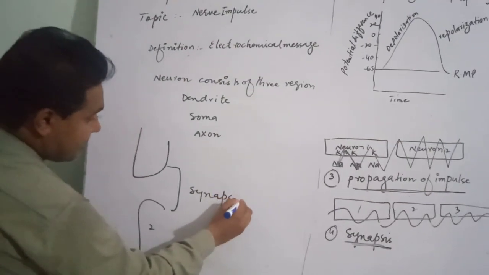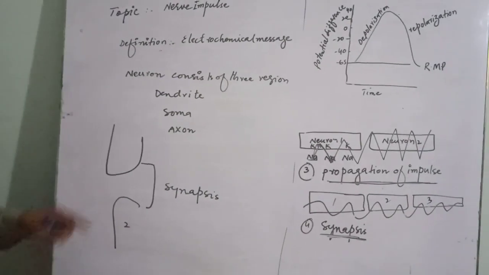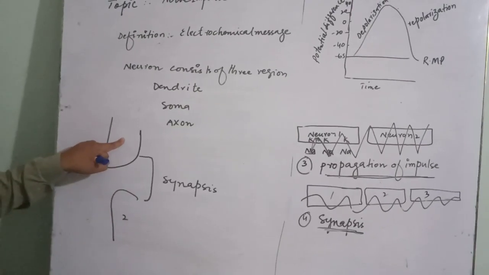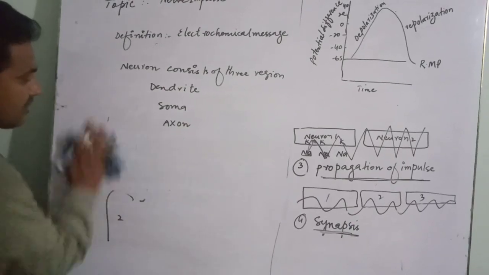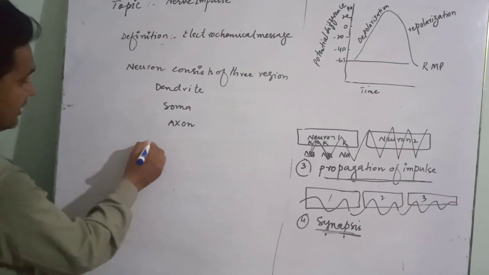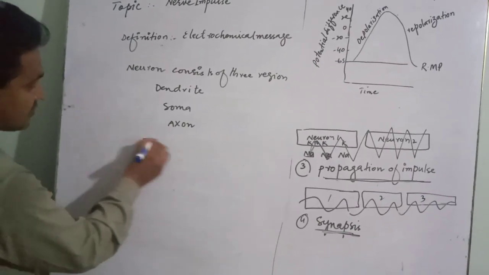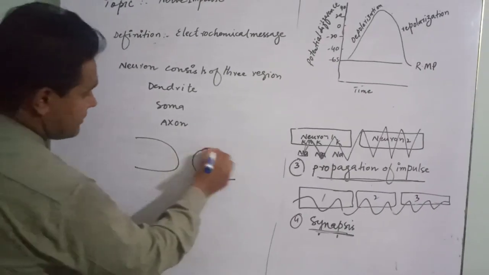Keep in your mind that synapses always take place between the axon of one neuron and the dendroid of another neuron. This is called axon, and this is called dendroid.